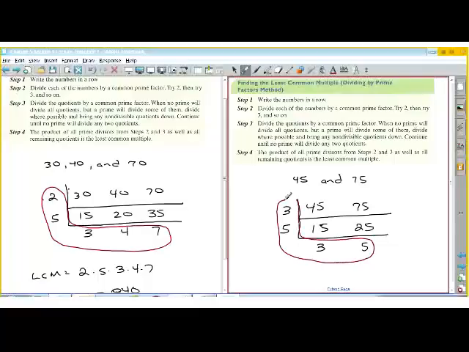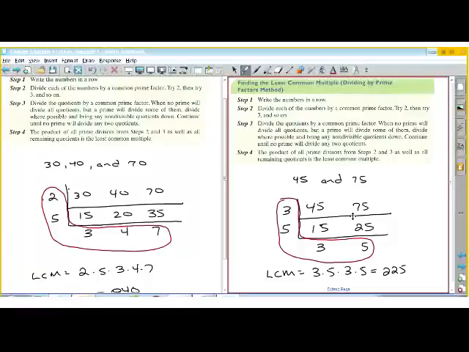So my least common multiple is going to be these numbers multiplied together. So the least common multiple is 3 times 5 times 3 times 5, which is probably 225, I think, but let me try. 3 times 5 times 3 times 5, 225. And you can always check it by dividing this by those 2 numbers.